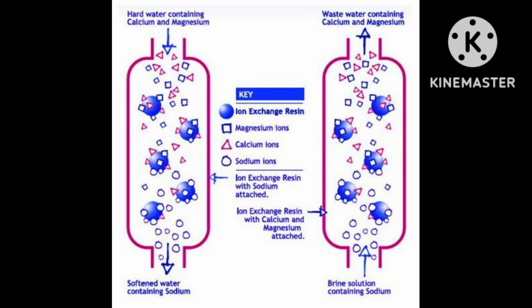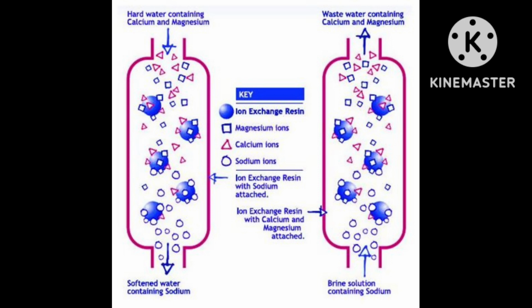Suppose you want to remove Ca plus plus and Mg plus plus, then both are positive charge, so they can be exchanged by another positive charge, maybe sodium. This method is also called the zeolite or permutit process.